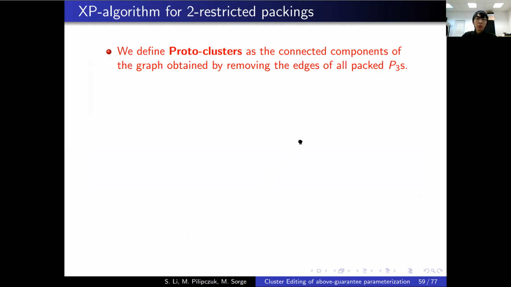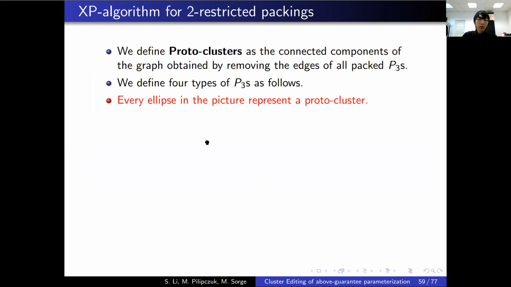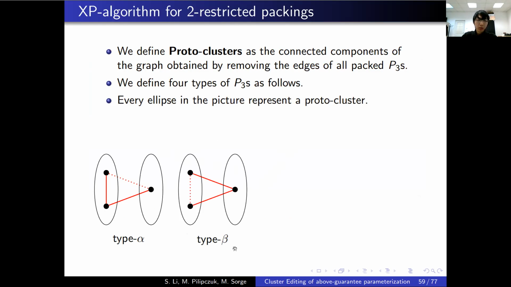First, we define protoclusters as the connected components of the graph obtained by removing edges of all packed P3s. We define 4 types of P3s as follows. And every ellipse in the picture represents a protocluster. This is type alpha P3. This is type beta P3.